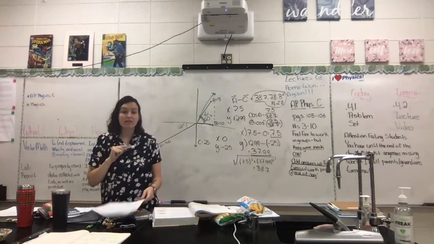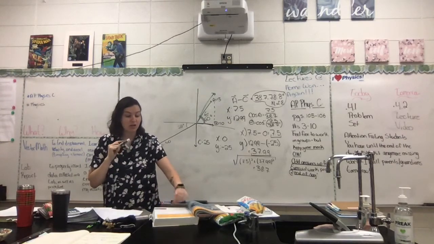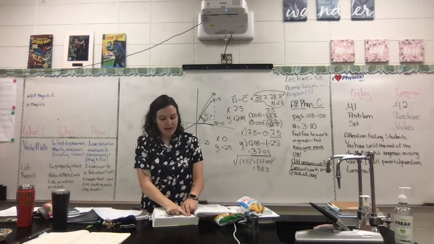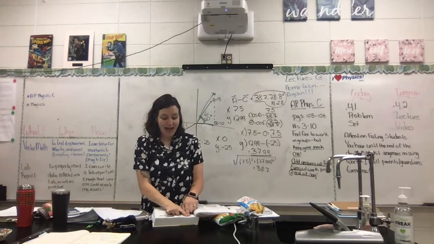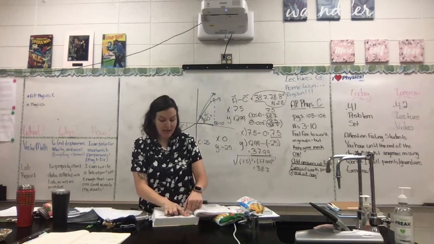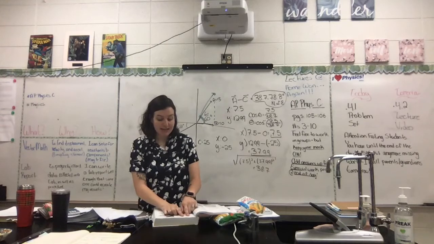Now, I'm going to leave you with one to try on your own before you come to class tomorrow, okay? So, vector A has a magnitude of 40 meters and points in a direction 20 degrees below the positive x-axis.